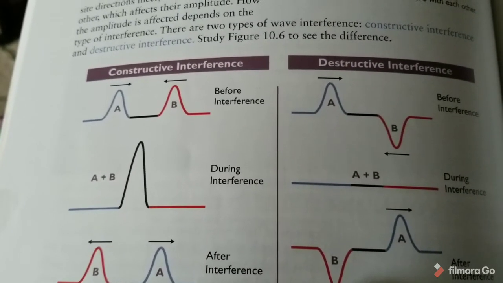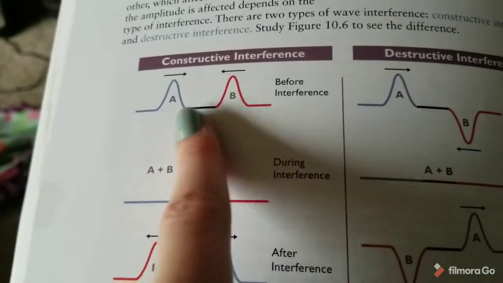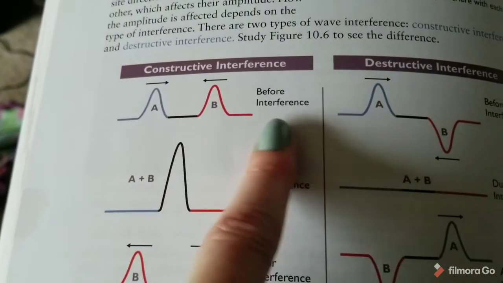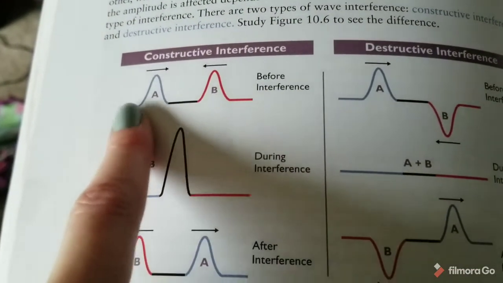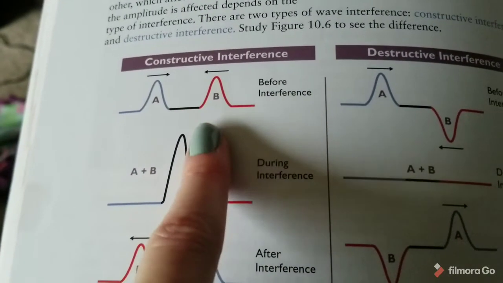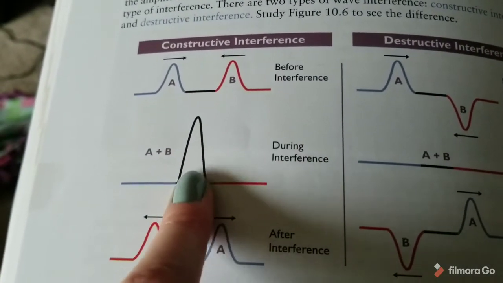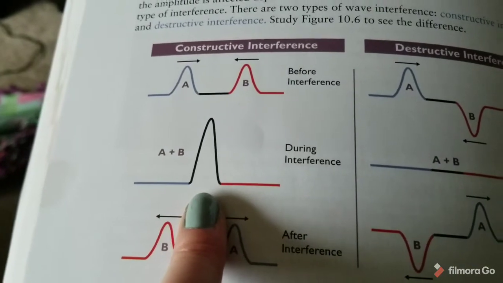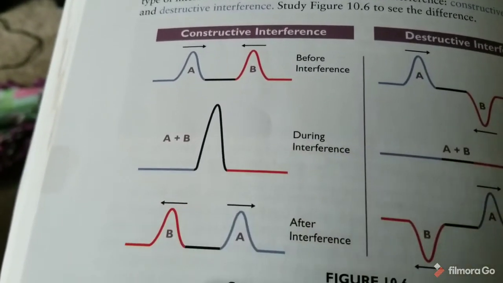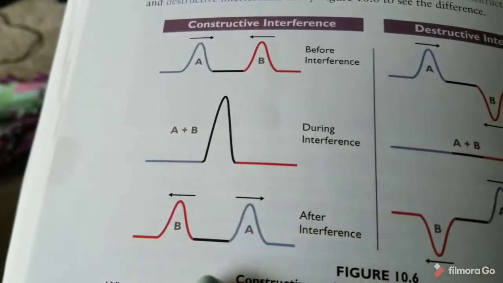Okay, so you can see before interference, there are two ripples coming together, one from one droplet, one from the other, and they're just about to crash. They crash, and they make this giant, cool, big wave with much higher amplitude, right?